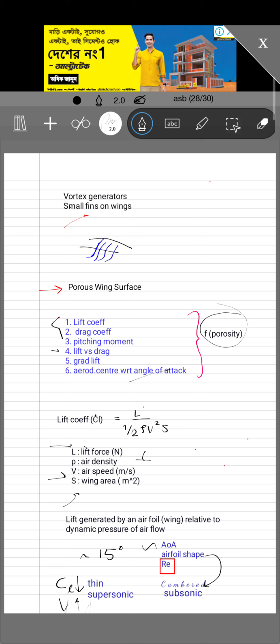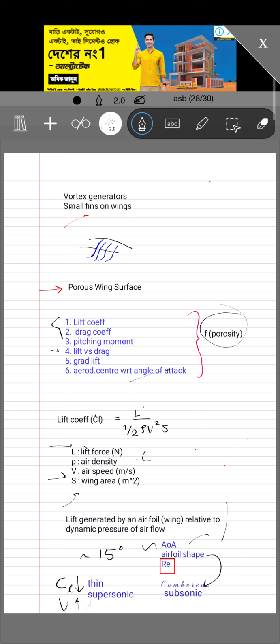Now, the lift generated by an airfoil or wing is related to the dynamic pressure. This AoA stands for angle of attack. Up to 15 degrees, an increase in angle of attack means an increase in CL.